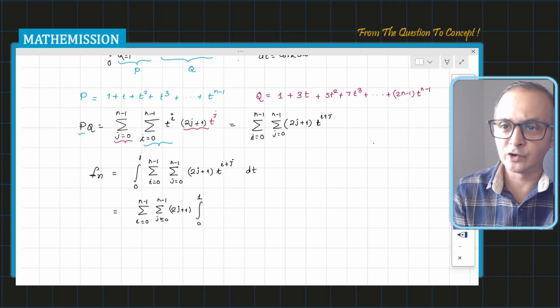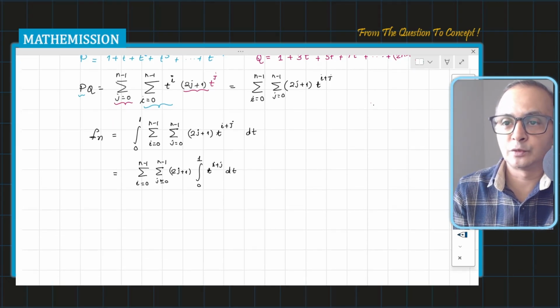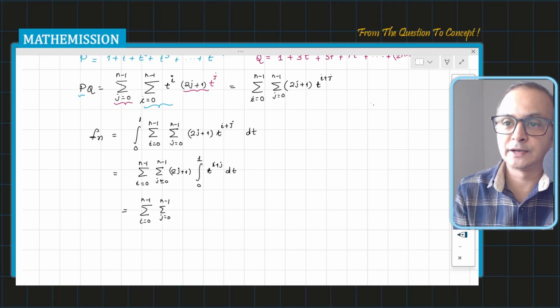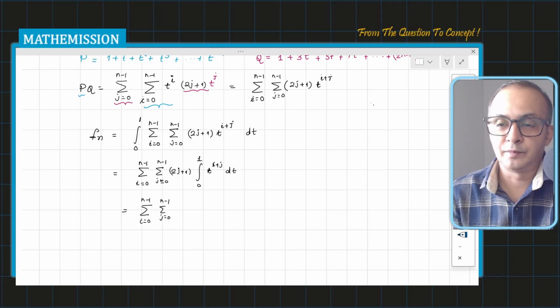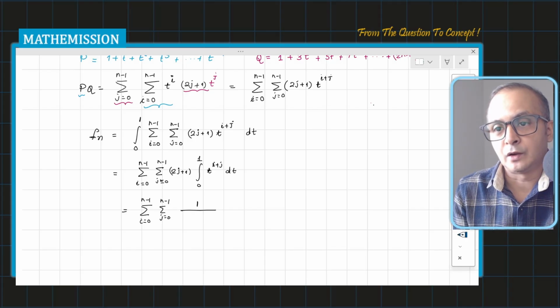It is actually a very common thing we can do whenever summation and integration are together. And notice the integral of this t to the power i plus j we can find easily, with i from 0 to n minus 1 and j from 0 to n minus 1, and that is going to be t to the power i plus j plus 1 by i plus j plus 1. So that will give you 1 by i plus j plus 1 after all the calculations of the limit.